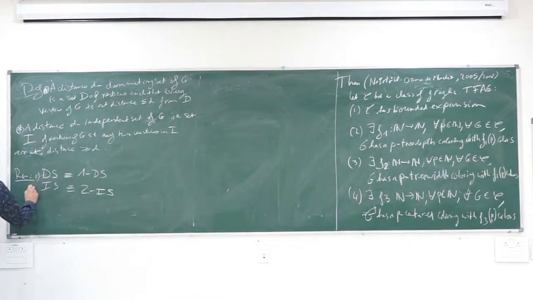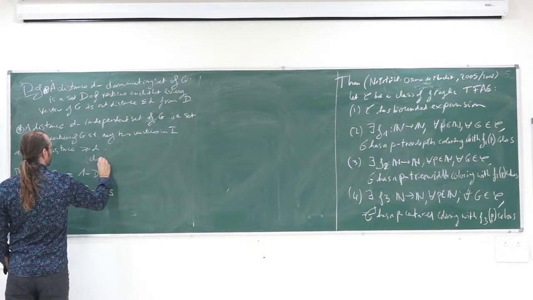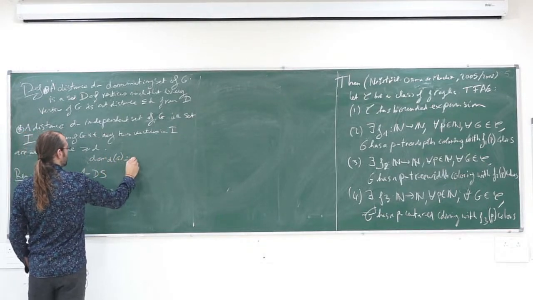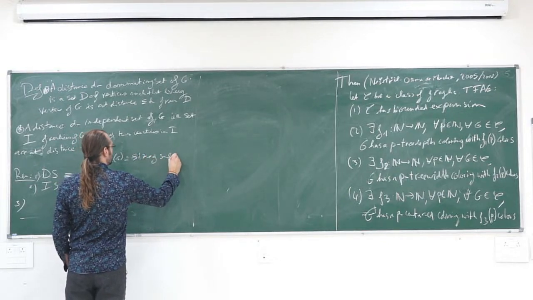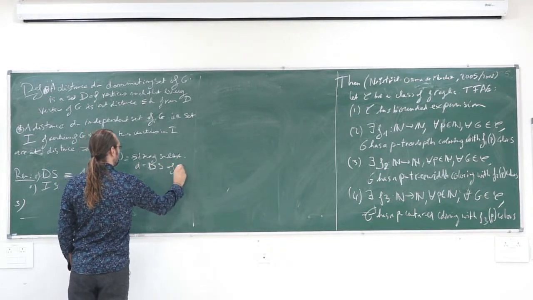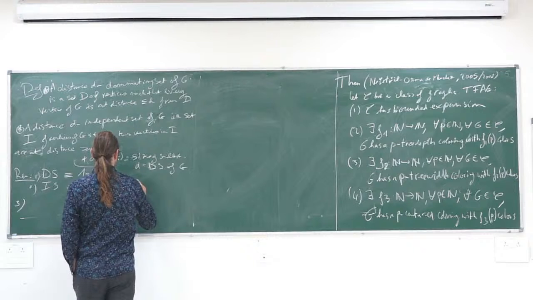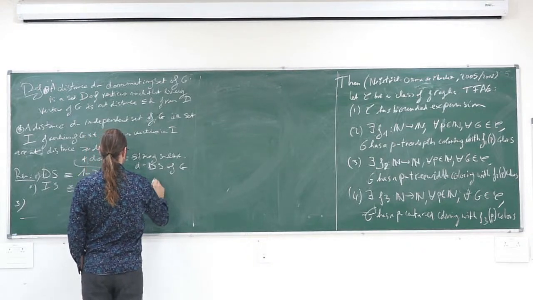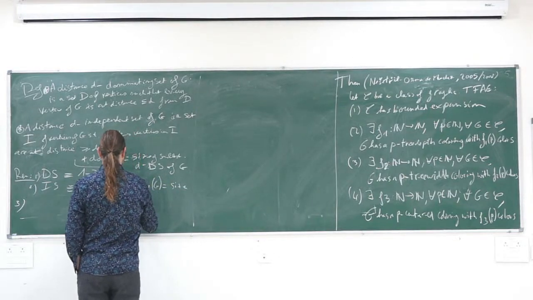Remarks. Another remark: let me define the domination number γ_d of G to be the size of the smallest d dominating set, and α_d of G to be the size of the largest distance d independent set.